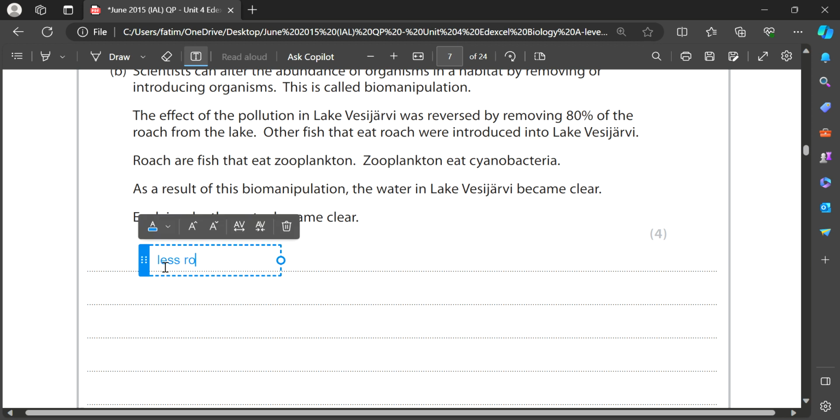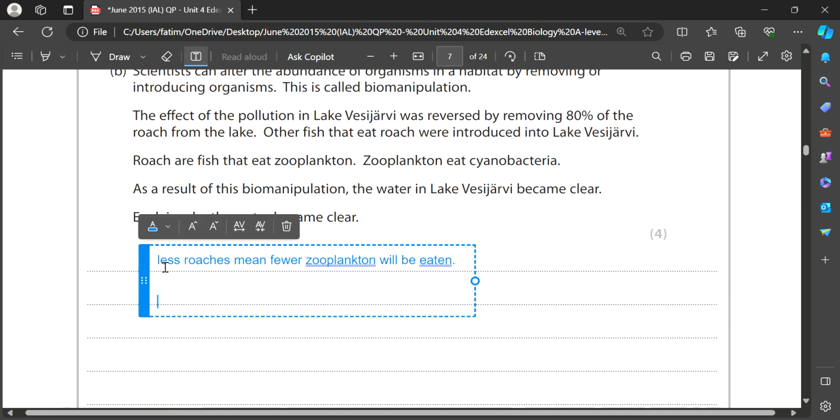Less roaches mean fewer zooplankton will be eaten. This is a very simple question for a 4 marker, so you should definitely be able to get the marks. So then zooplankton numbers will increase.